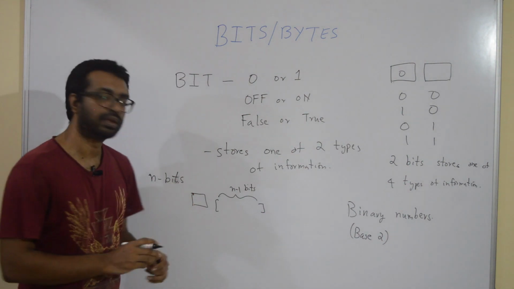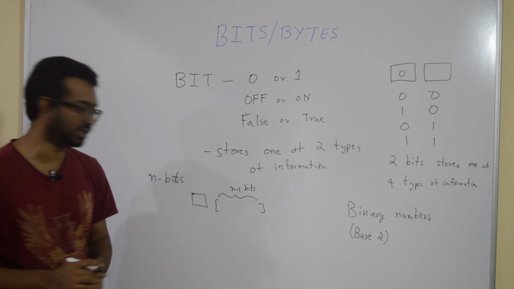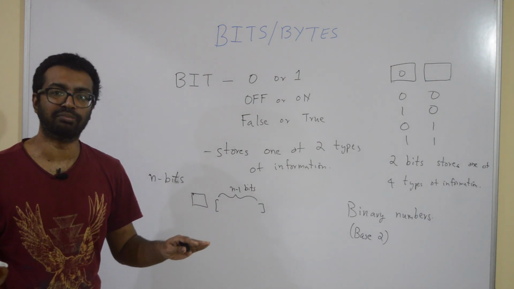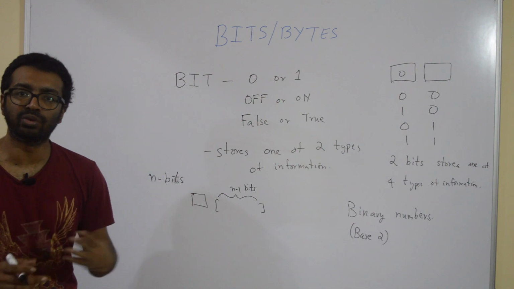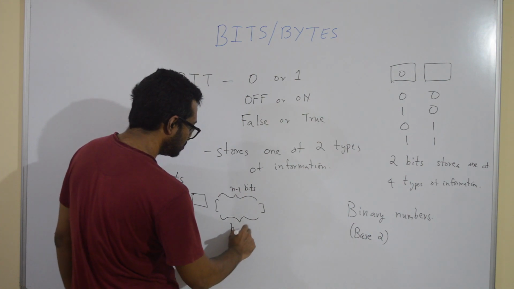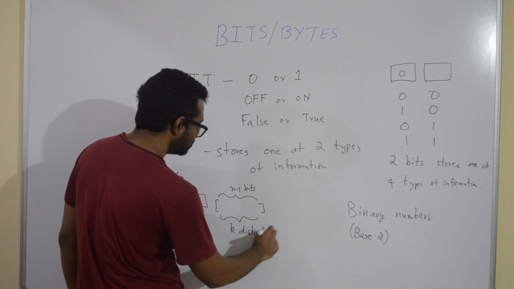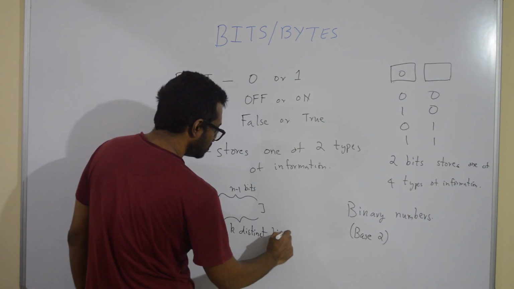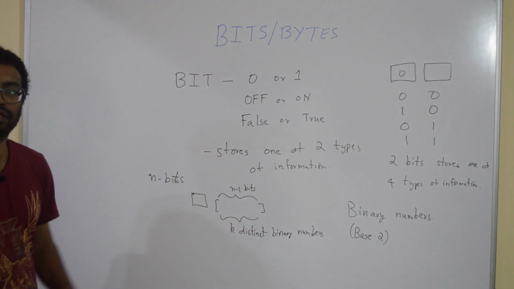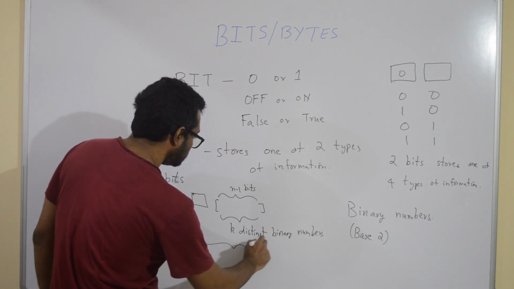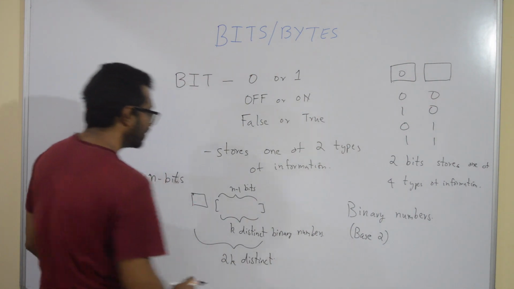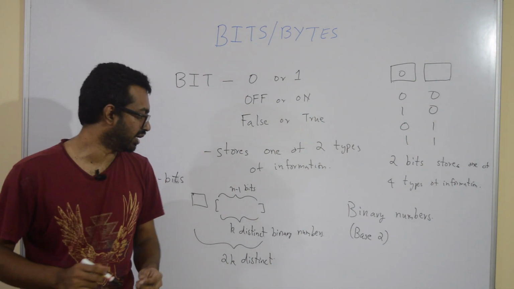If n minus 1 bits can store k distinct binary numbers, then n bits can do 2k distinct binary numbers. This can do k distinct binary numbers, then this entire n bits can do 2k distinct.